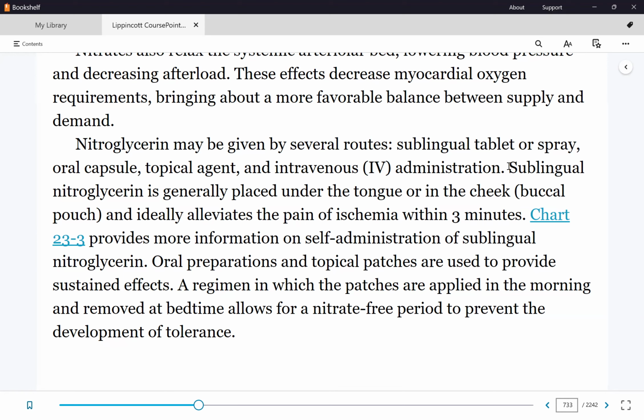What will happen to the moisture of the mouth when you have vasoconstriction? There's dryness, right? So will the tablet dissolve in a dry mouth? No.